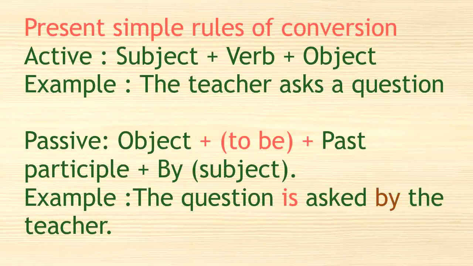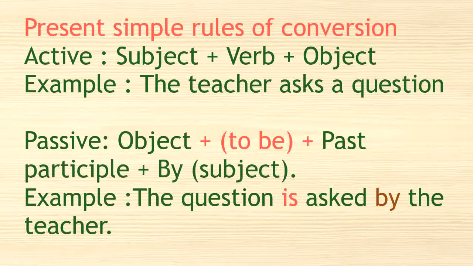Somehow that to be is copied from, or is of the same nature or in the same tense as, the verb asks. And then you add to that the past participle of that verb.